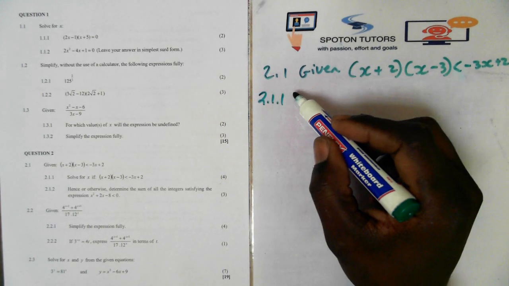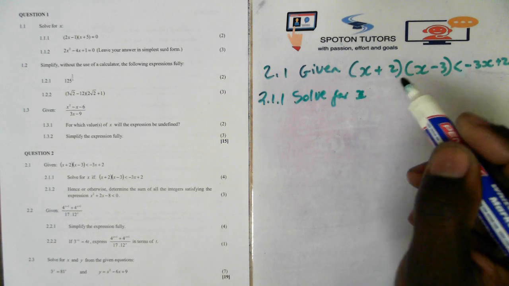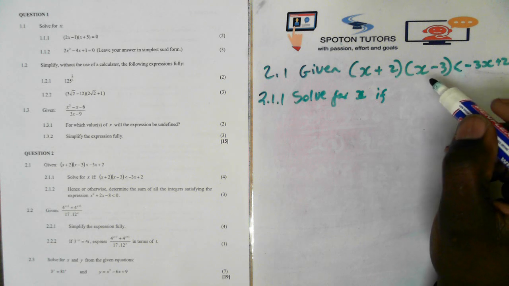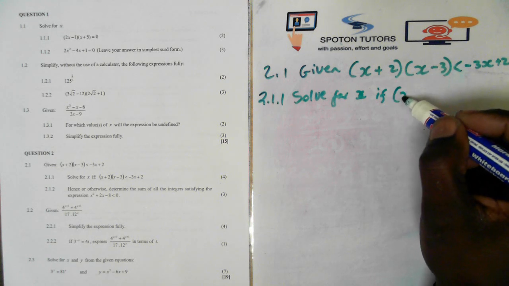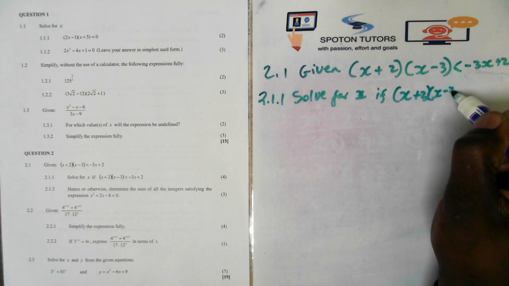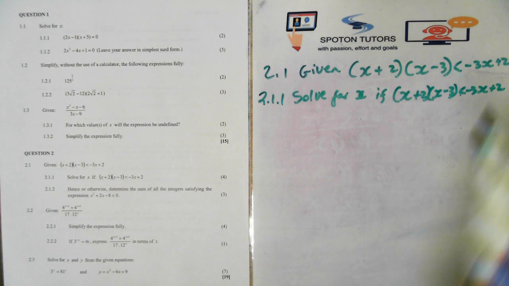2.1.1 Solve for x if (x + 2)(x - 3) < -3x + 2. That's the same thing as above.